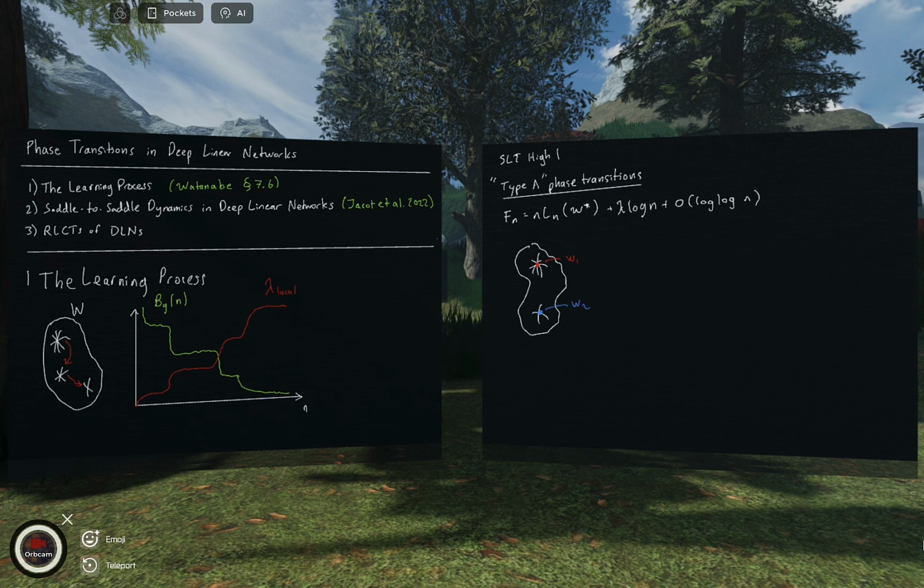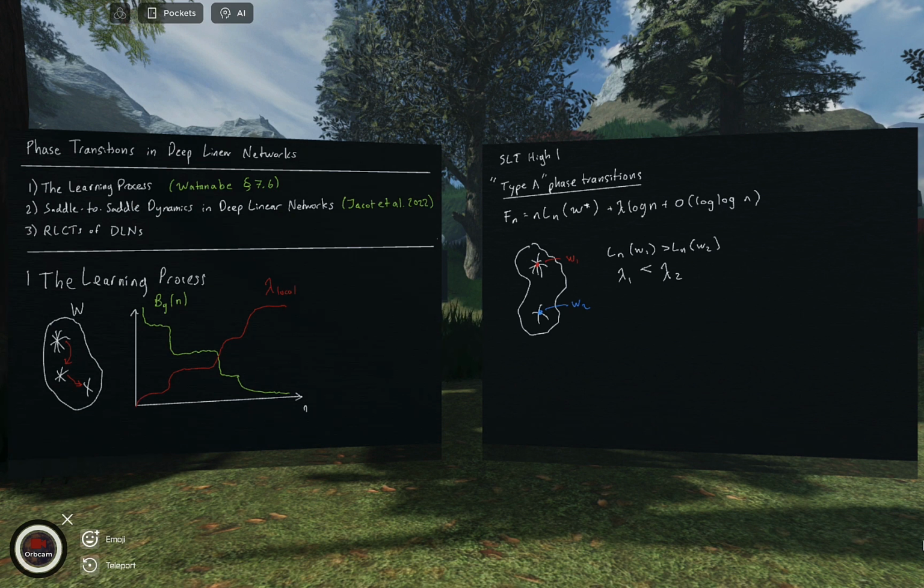Now these occupy different level sets. So that means that in this case, we're going to assume that the loss associated to weight 1 is greater than the loss associated to weight 2. It's higher than the second weight. But as you can see here, the RLCT is, say, smaller than the RLCT for the second weight. In this case, there are more intersections.